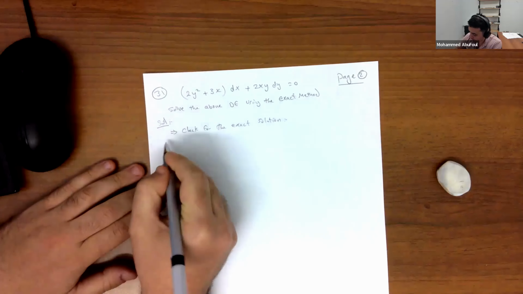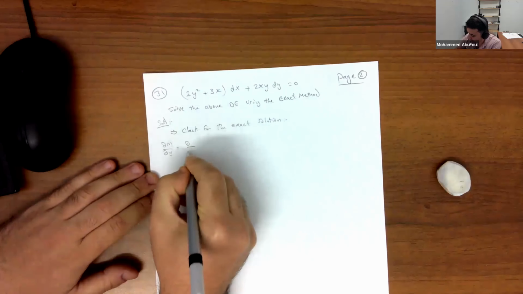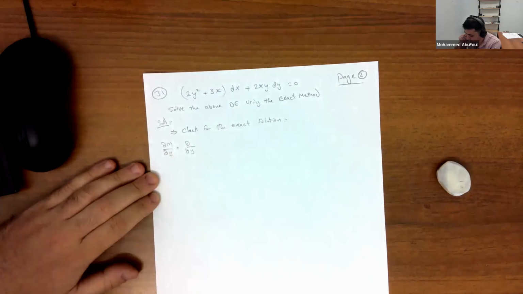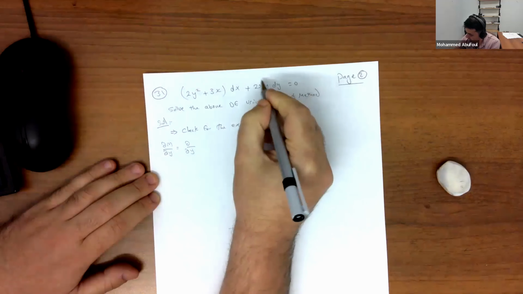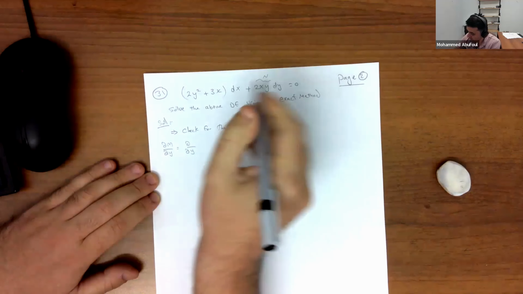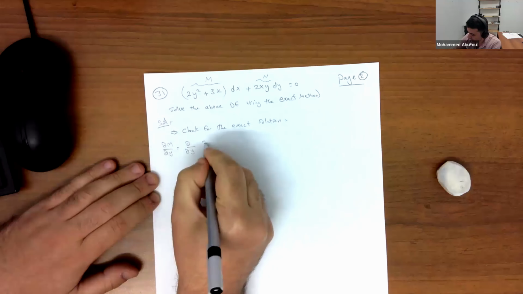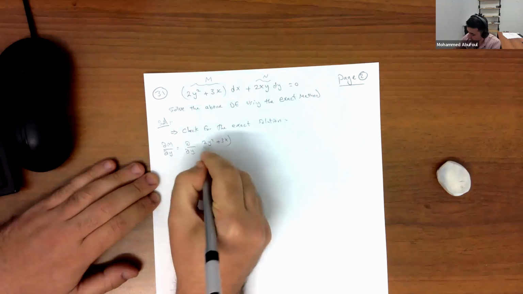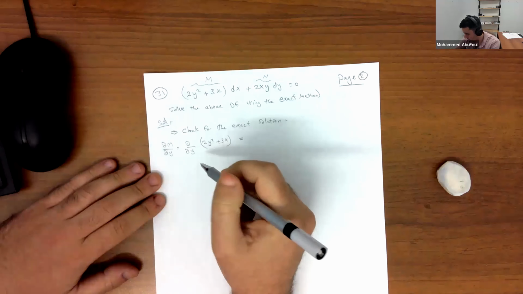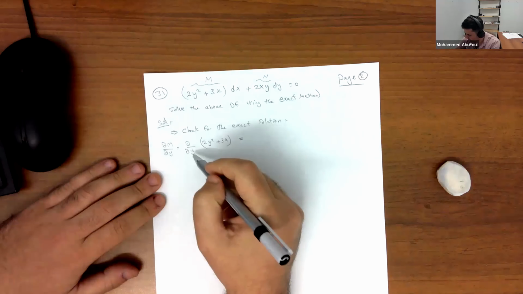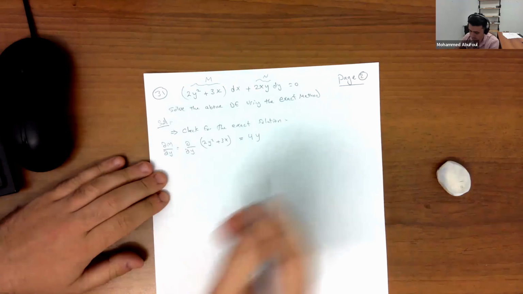So we need to find dM over dy, which is d over dy of the term multiplied by dx, which is M. So M is 2y squared plus 3x, and the derivative with respect to y is 4y.